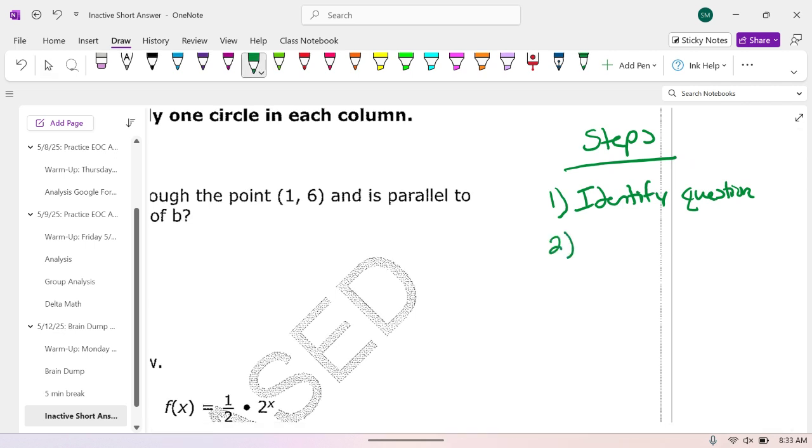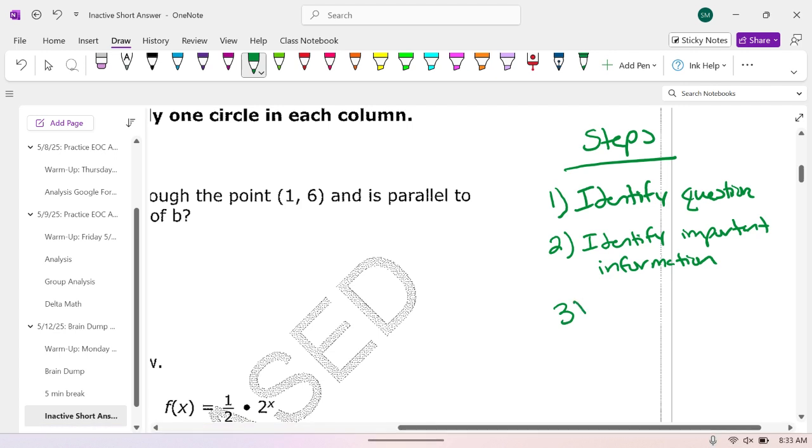The second step is identify important information. So any important information can be helpful because then that will help you attack the problem. And again, the method of attack is going to be different depending on the type of problem.